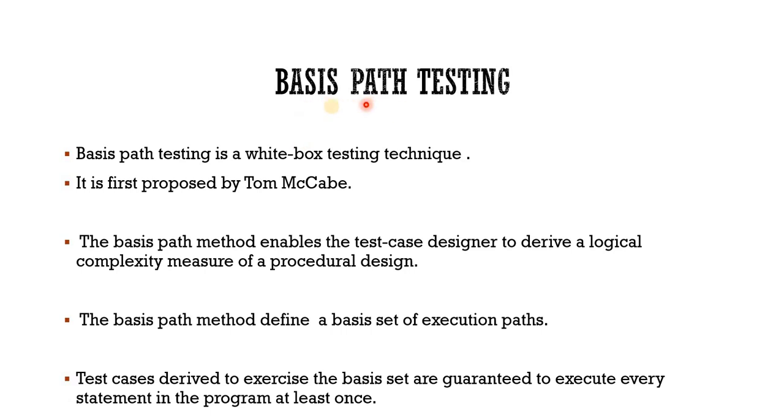Basic path testing is a method that enables the designer to check whether all the lines in the program are executed at least once. This is the first usage of basic path testing. Another use is that the designer can measure the complexity of the module.